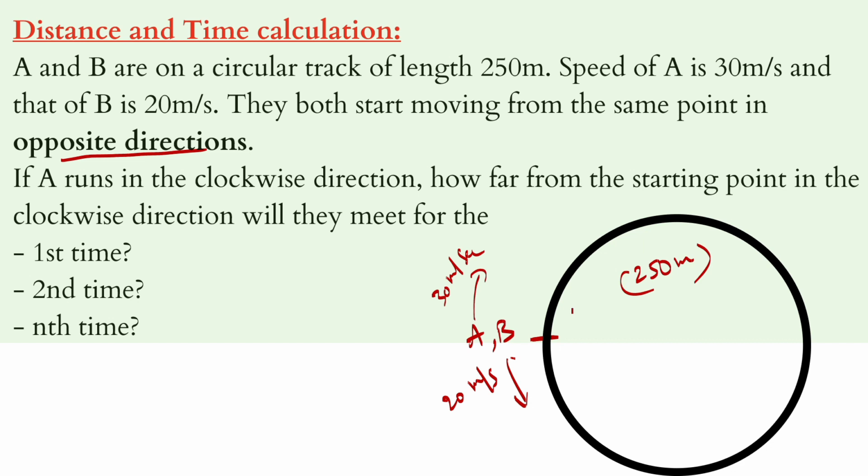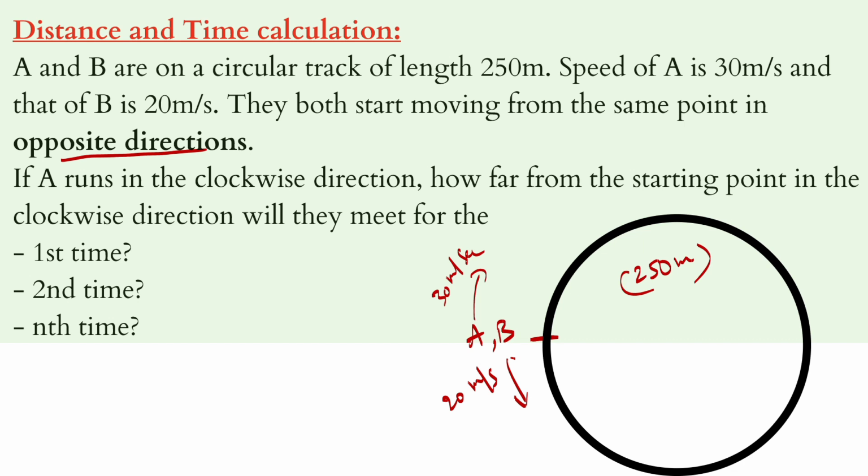Now as both are in motion, what is the concept that we must think of? We must think of relative speed, right? And what is the relative speed now? They are moving in opposite directions on a circular track. When two bodies move in opposite directions, should we add the speeds or subtract the speeds?